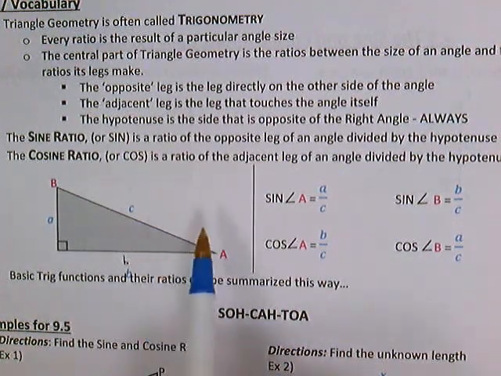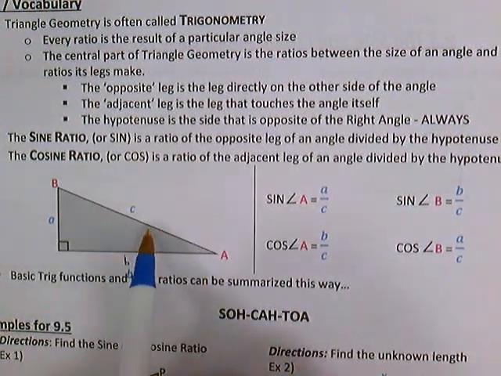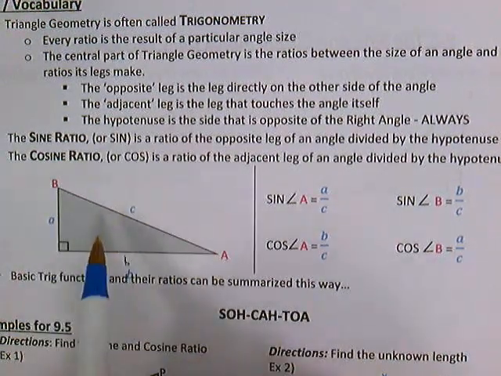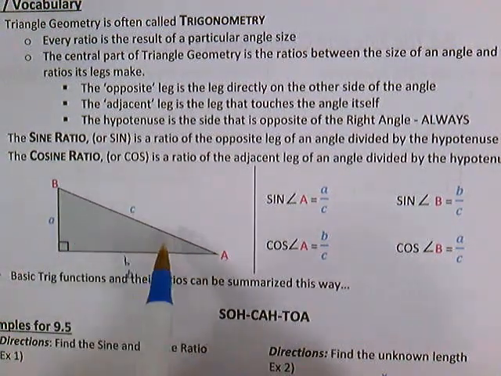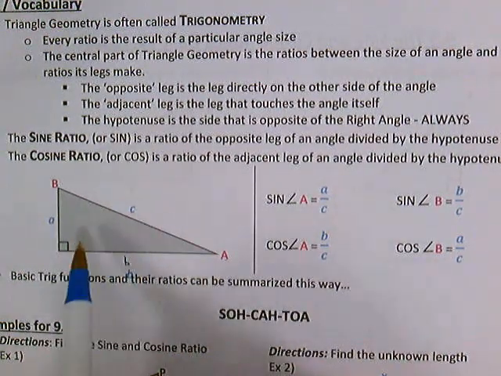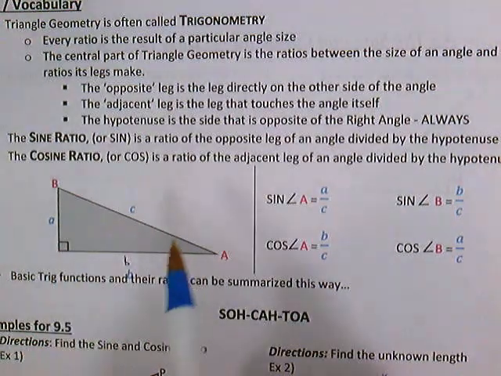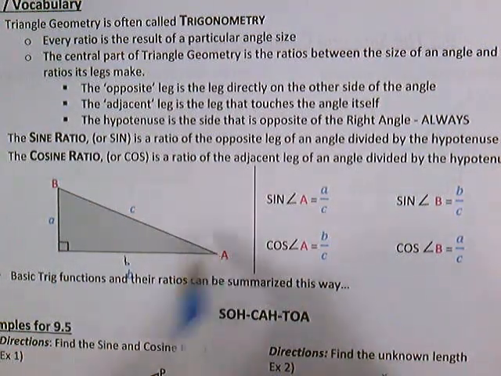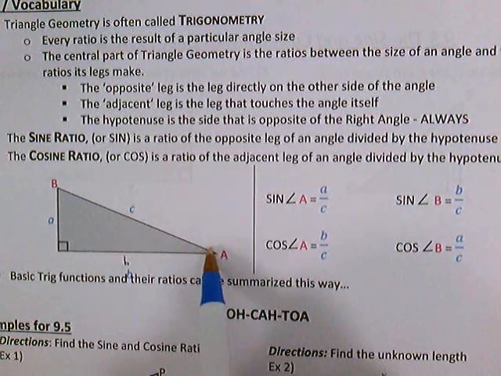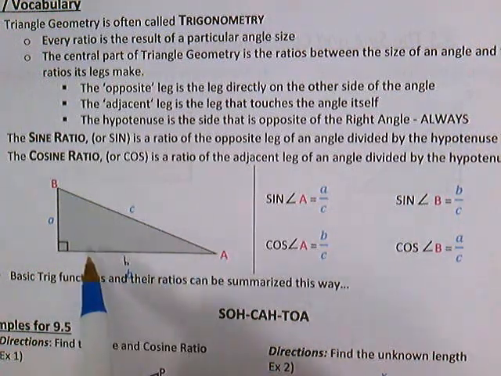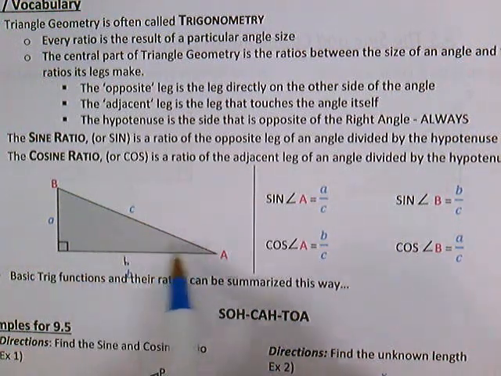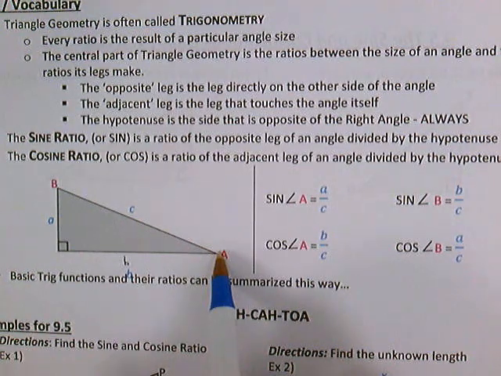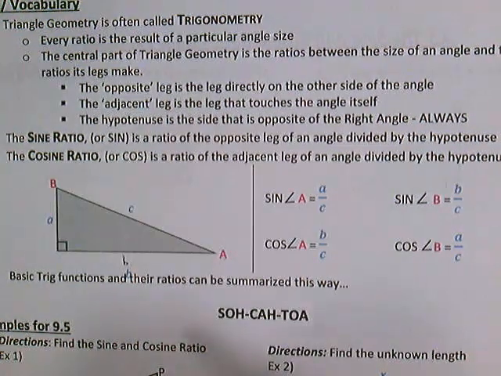Now, one more time. This is the hypotenuse. Regardless of which direction this triangle is going, this is the hypotenuse because that is the opposite of a right angle. Angle A has an adjacent leg of B because that's the one that is touching the A. And that's the difference.